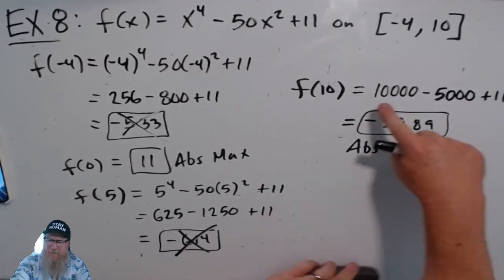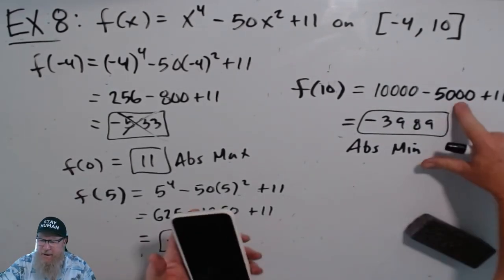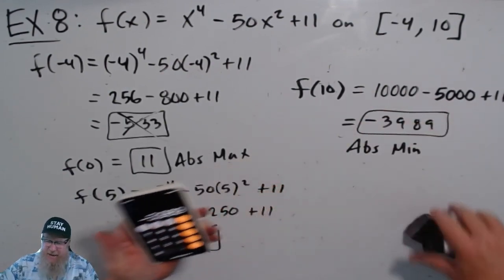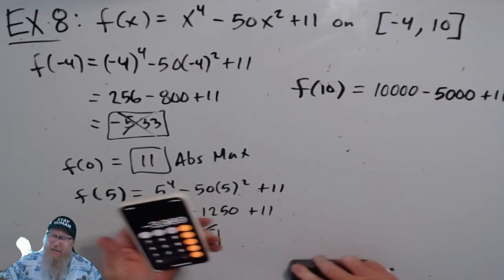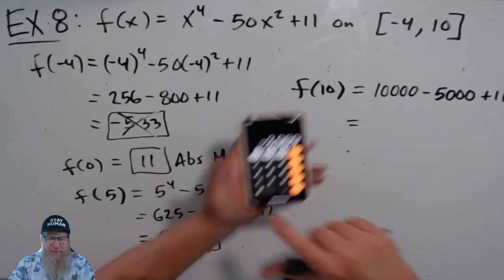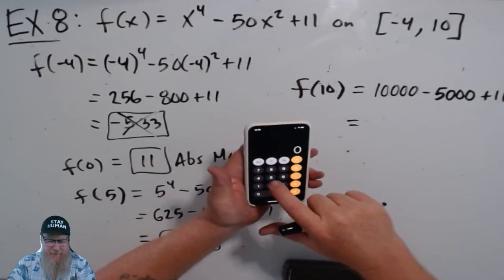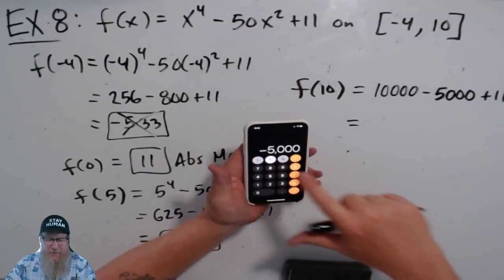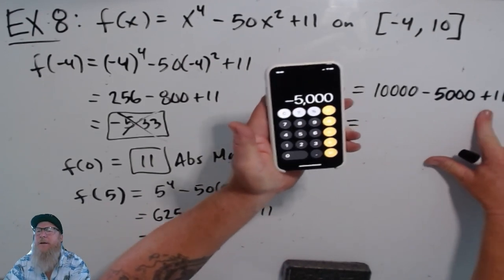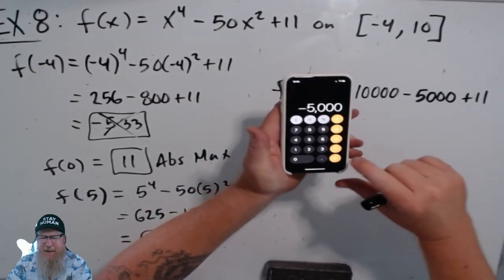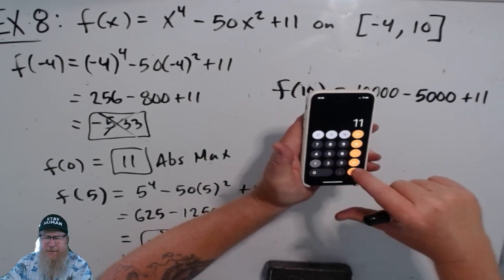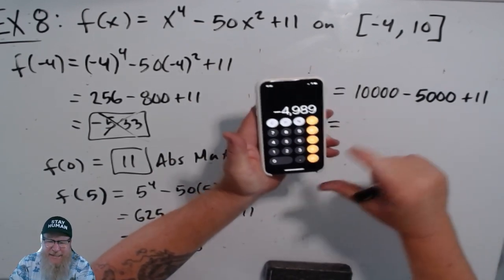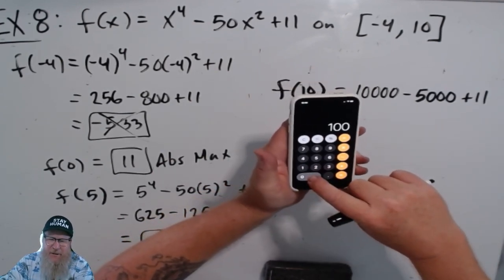Look at my math, it is so wrong. That's 5,000. That's 10,000. I'm so glad I drew the picture. Never trust your calculator. I said I would do it on the calculator because I didn't want to screw it up. I ended up screwing it up. Negative 5,000 plus 11. Rewind. And then plus 10,000. I didn't hit enough zeros.